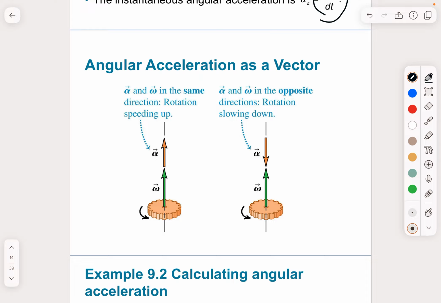When they point in the same direction, you're speeding up, right? Linearly, but you're also speeding up rotationally. So if the angular velocity vector and the angular acceleration vector point in the same way, that rotation is speeding up and getting faster, rotating faster and faster. Now, if they're in opposite directions, the rotation must be slowing down, right? Because for the very same reason, when velocity and acceleration are pointing in opposite directions, you know it's a slowdown situation.